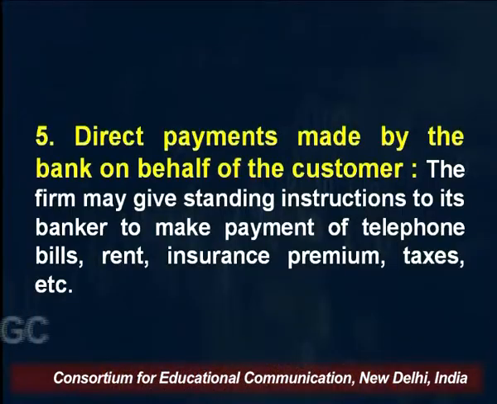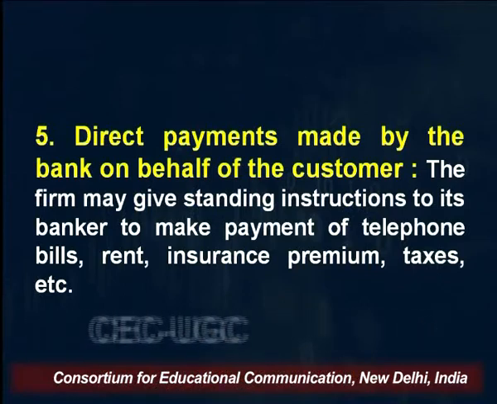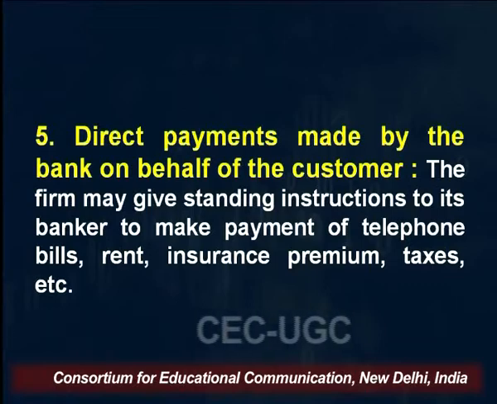The next reason for the difference is direct payment made by the bank on behalf of the customer. The firm may give standing instruction to its banker to make payment of several bills like telephone bills, rent, insurance premium, taxes, etc. So if the firm gives standing instruction to the bank for any payment, then on making such payment, the bank will debit the firm's account immediately as soon as they make the payment.